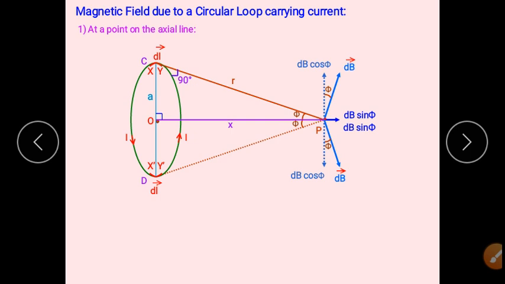Therefore, if you consider the components of these two magnetic fields, their cos phi components will be cancelled due to opposite directions. I think you got the idea now. So, when we add up all the magnetic fields, we have to consider only the sin phi components, because the cos phi components of the magnetic field produced by all the small current elements will be cancelled out by the diametrically opposite current element.